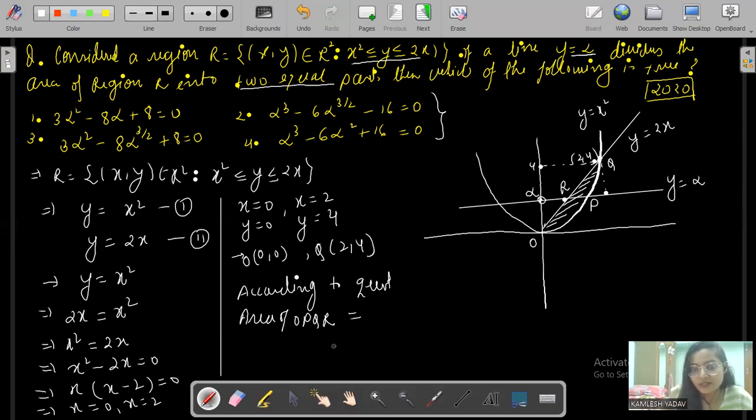It means here we can write 2 times the area of O, P and R. We can find this term.